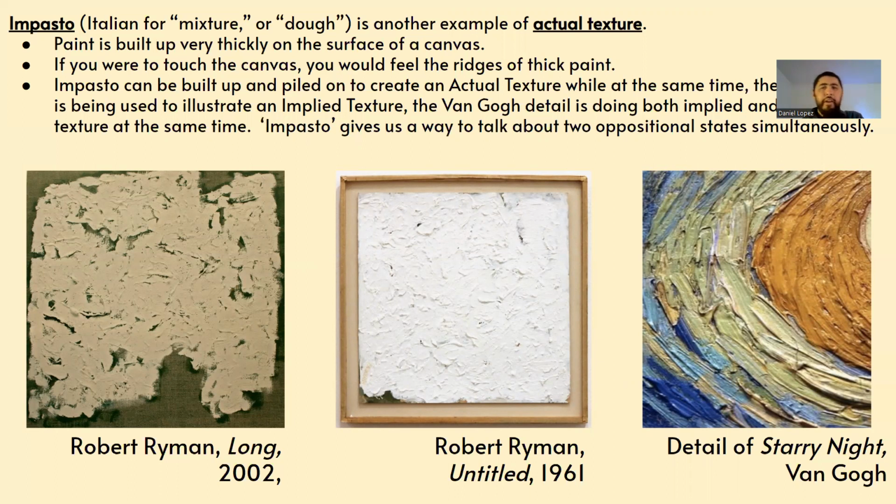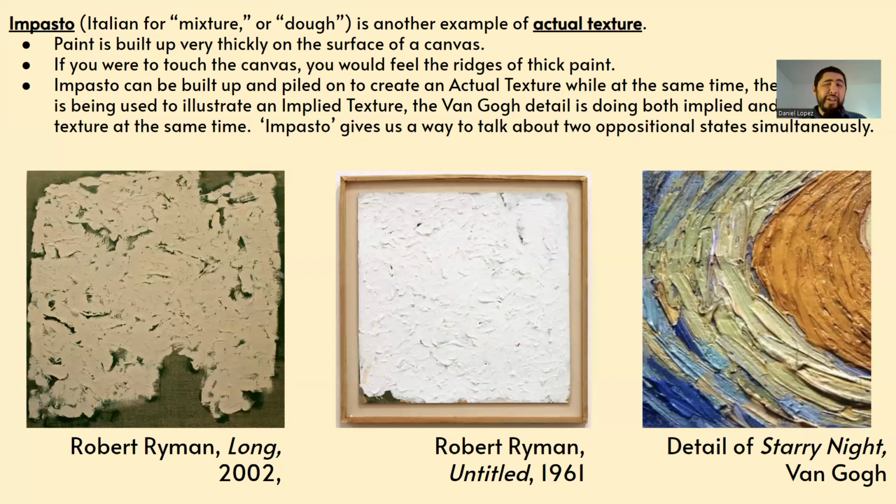So in Van Gogh, let's see, pronounce his name more like that. For detail, Starry Night, sometimes his paintings, the actual texture does correspond with the objects in the painting.